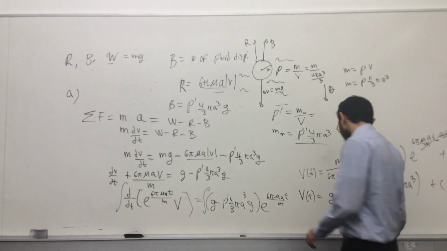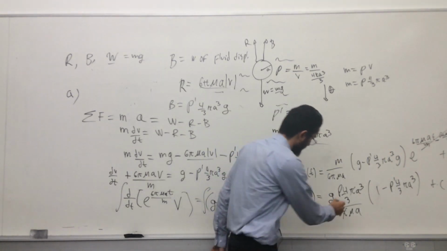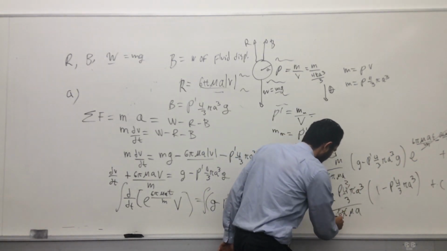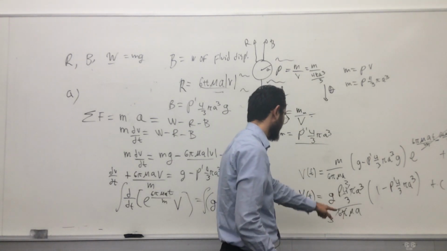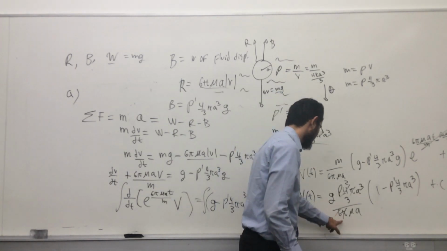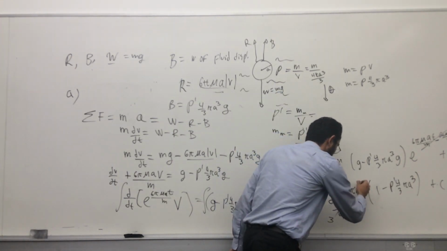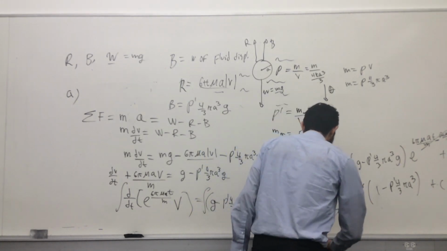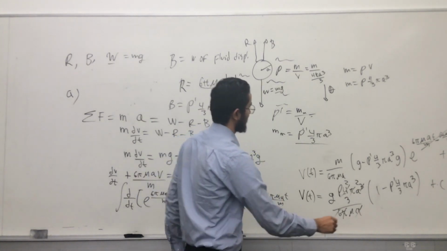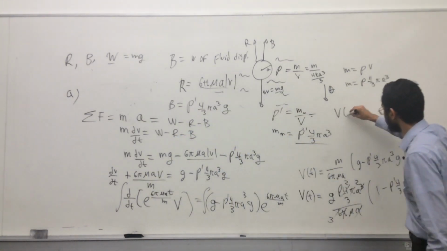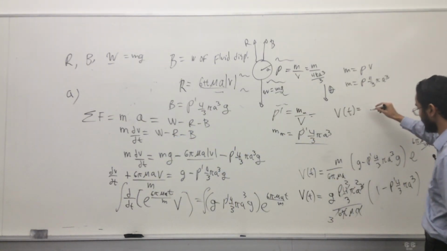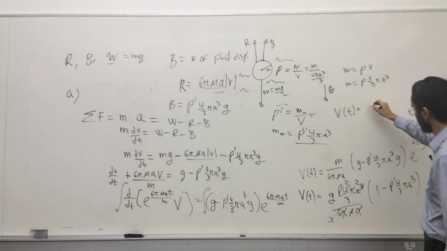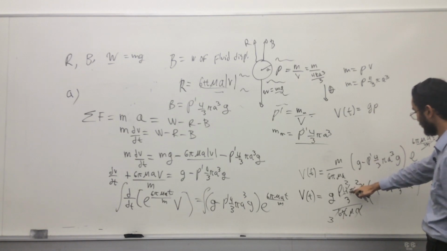So over here, what do we got? We cancel out 2 over here. We get 3, and then we get 9 on the bottom. Here we get a squared. What else can we cancel out? I don't have space, so let me write over here. V of t should be equal to g rho, and then multiply by 2.